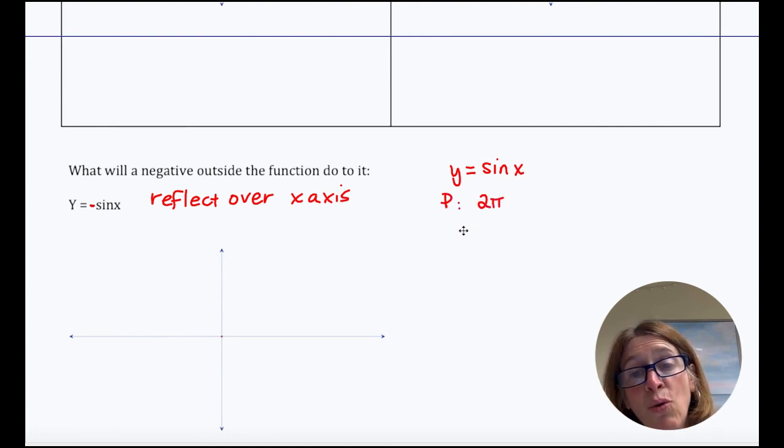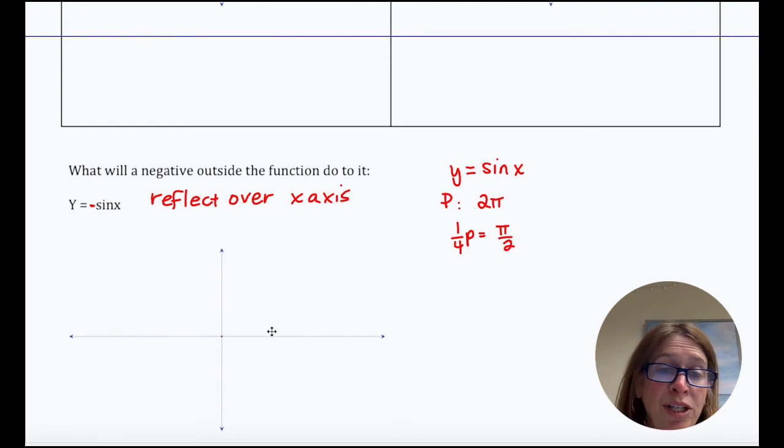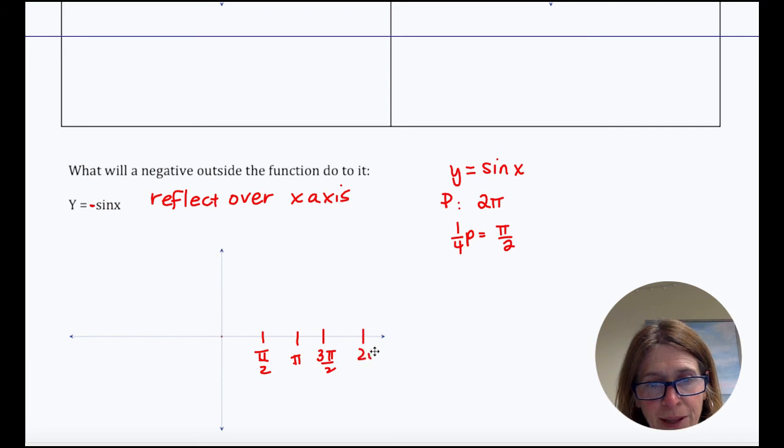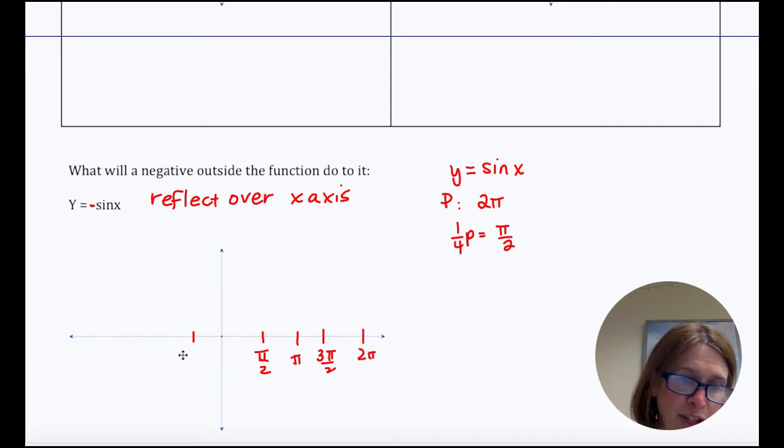And so that means our quarter period would be pi over 2, which we know from our graph is all the quadrantals. So pi over 2, pi, 3 pi over 2, and 2 pi. And the same in the opposite direction, negative pi over 2, negative pi, negative 3 pi over 2, and then negative 2 pi.